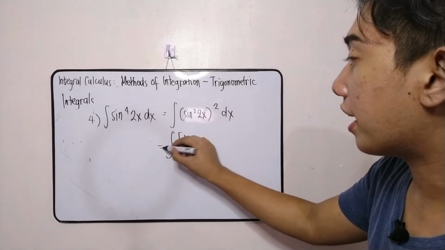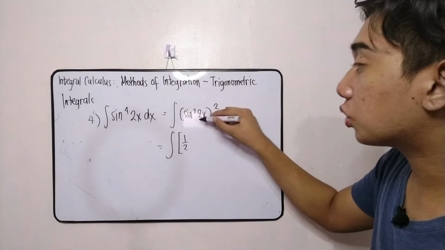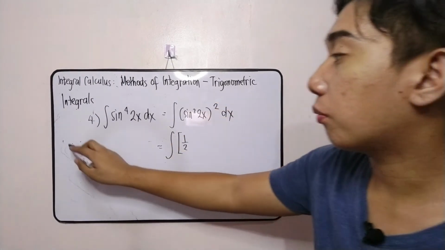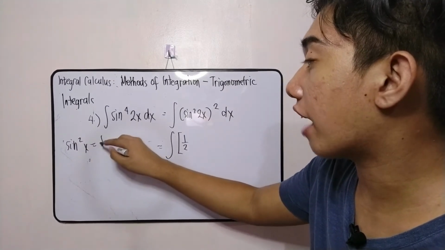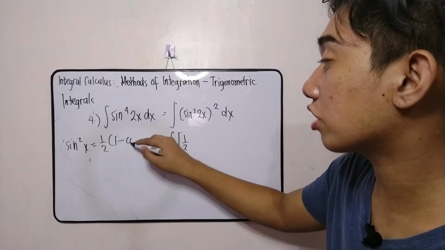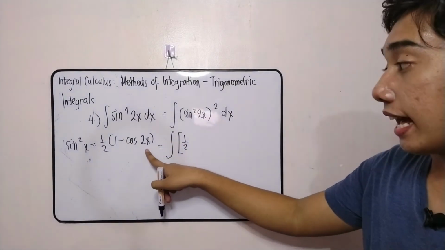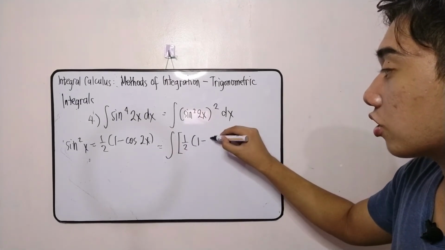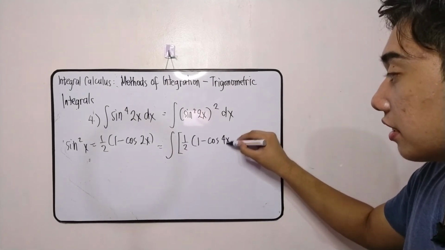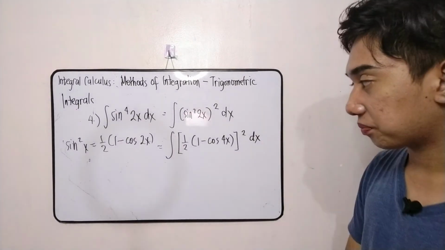That is 1/2, take note of this one, and our angle is 2x here. If we recall, sine squared x is equal to 1/2 times quantity 1 minus cosine 2x. If this is 2x, this is 4x na. Okay? So this becomes 1 minus cosine 4x, squared, dx.